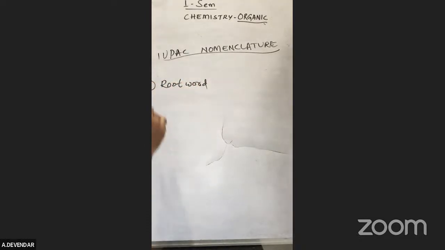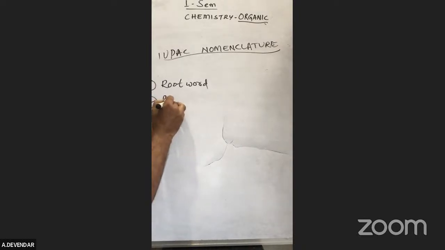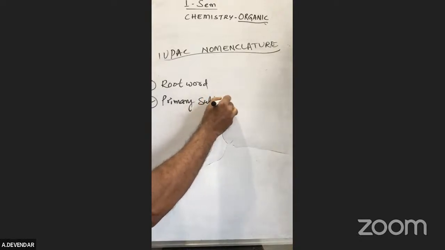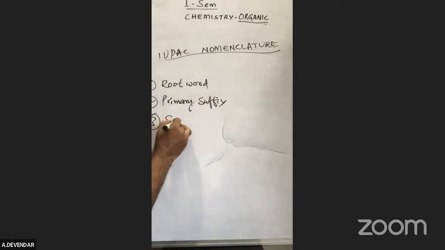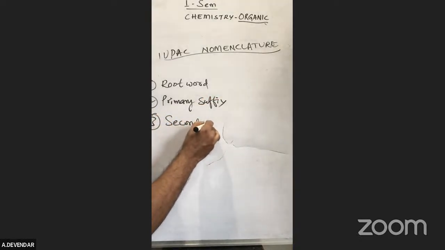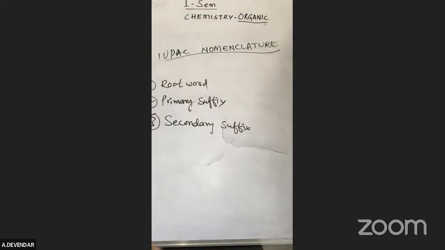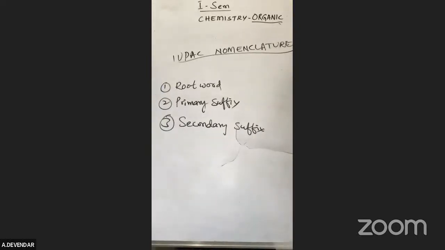First is the root word. Second is the primary suffix. Third is the secondary suffix. But in your book, it is given as 4. Let us first understand these 3, then I will go to the 4th one.